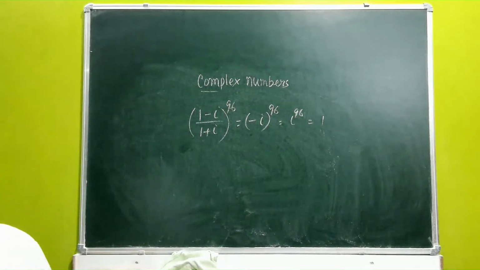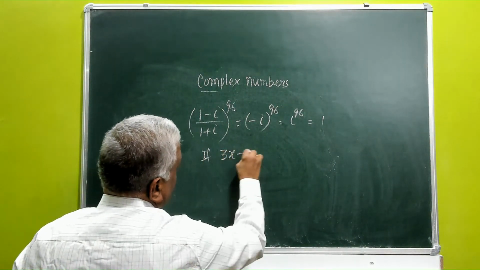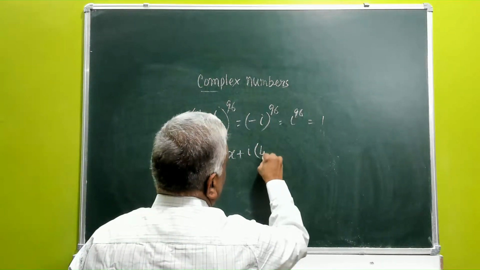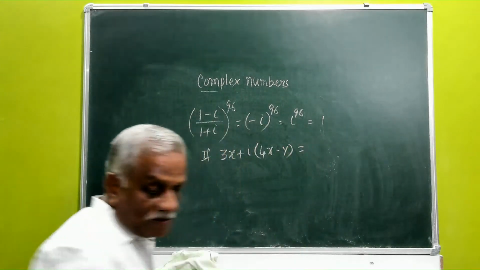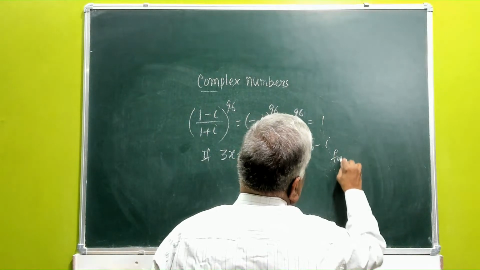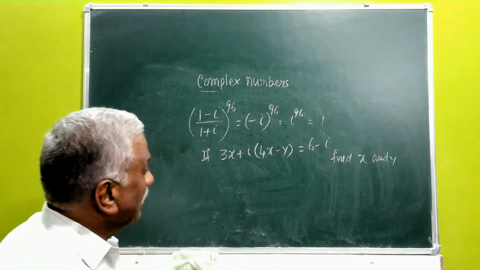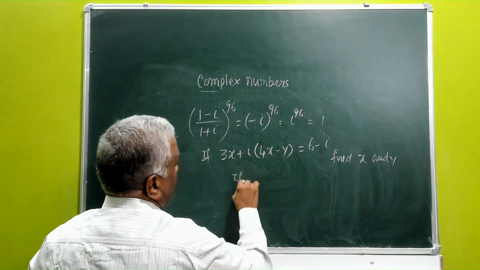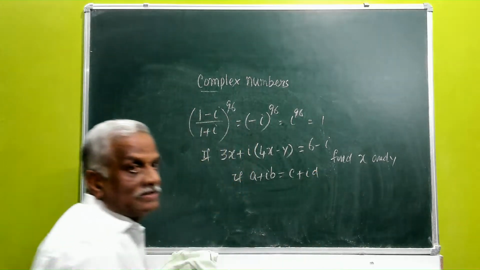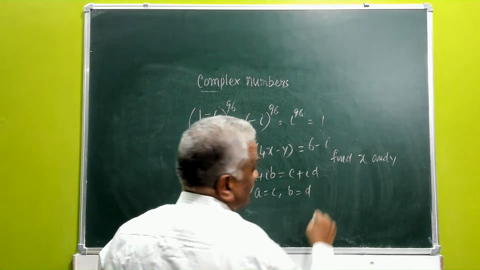One more question was asked in one of the examinations. If 3x plus i into (4x minus y) is equal to 6 minus i, find x and y. What you need to know here is, if a plus ib is equal to c plus id, then a is equal to c, b is equal to d.